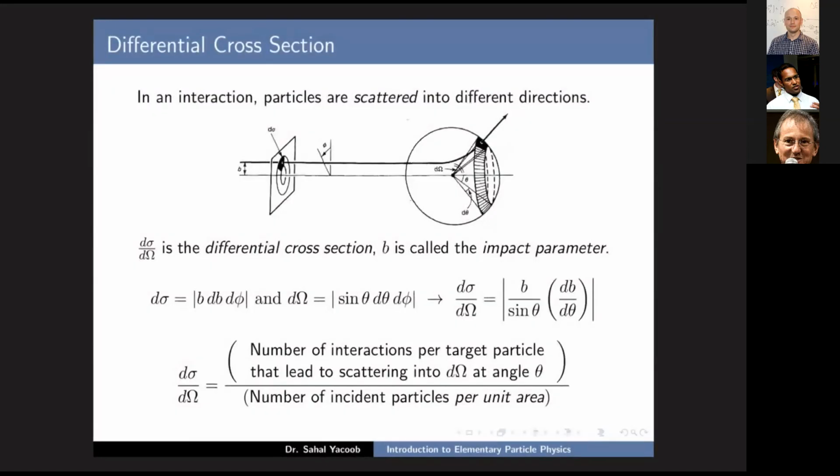So here's another explanation from hard scattering. We can extend the idea of a cross-section to a differential cross-section.